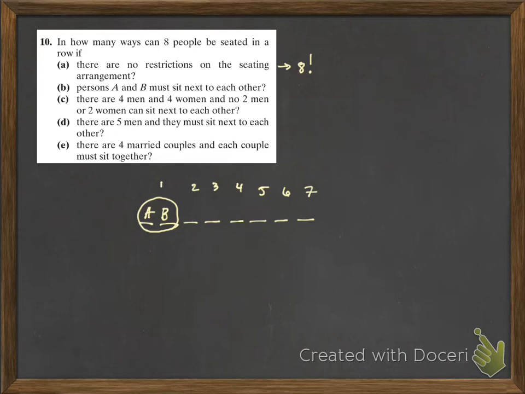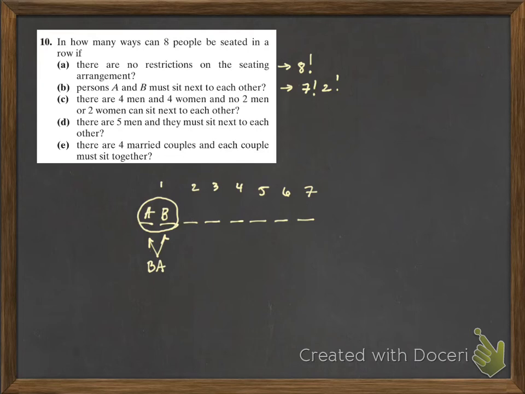We've seen a problem like this already before as well. So if we're hasty, we might go, oh, we've solved it. It's just 7 factorial. But there is one more thing that can happen, and that is A and B can permute as well, right? So AB is different than BA, so we have 2 factorial for every arrangement of the 7 factorial. Okay? So that's B.